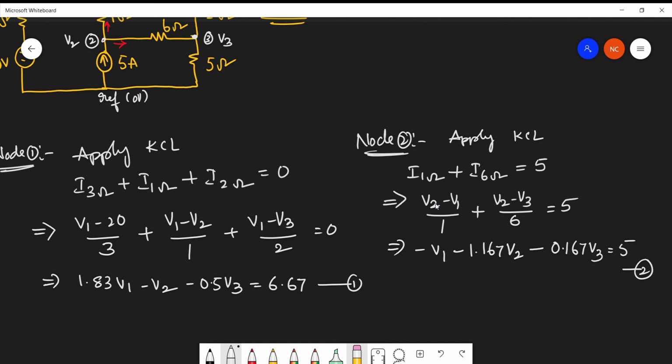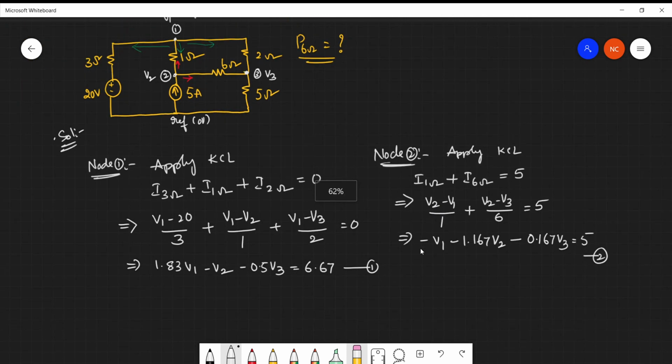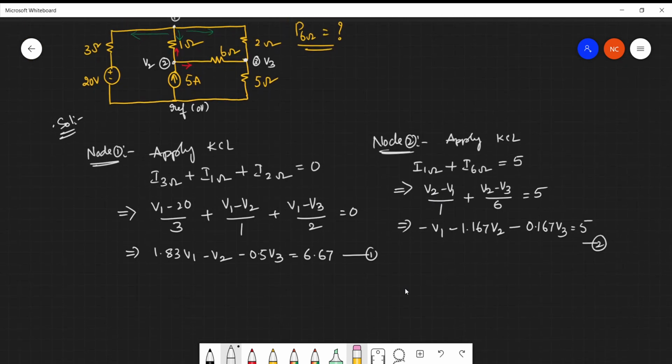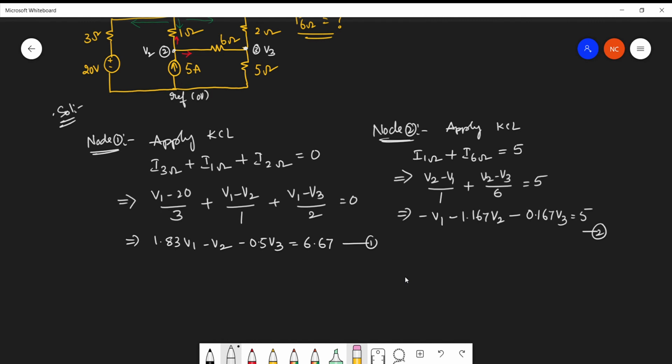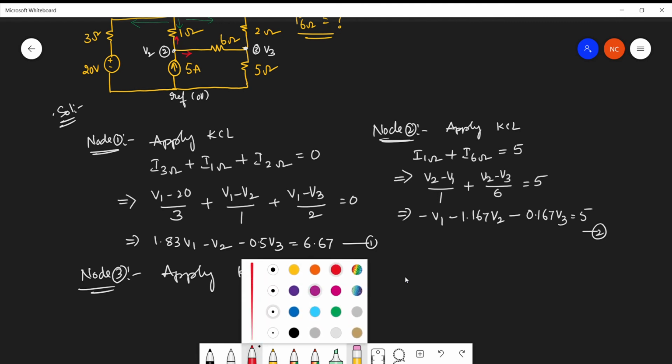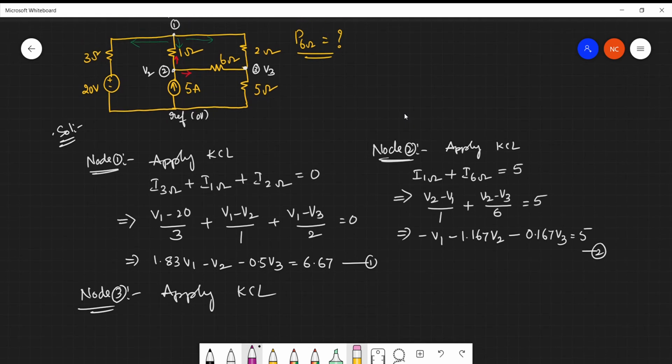Now go for node 3. Now consider node 3 and again apply KCL. This is the third node, direction not specified, so take leaving from the node.